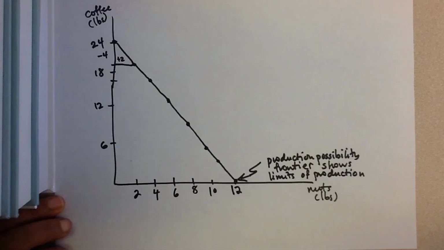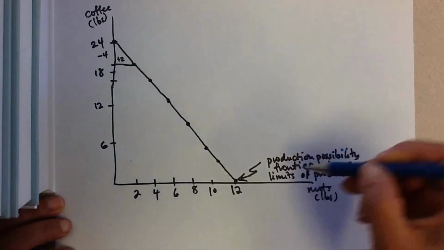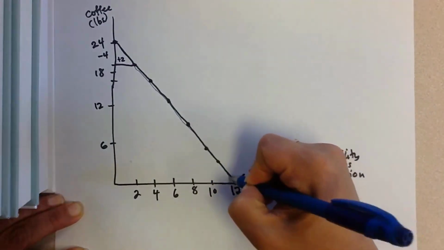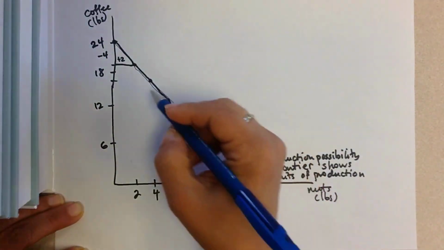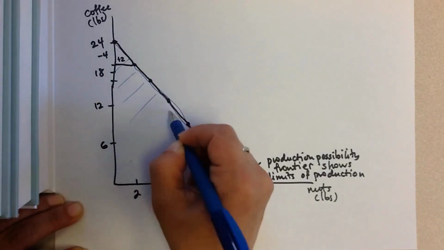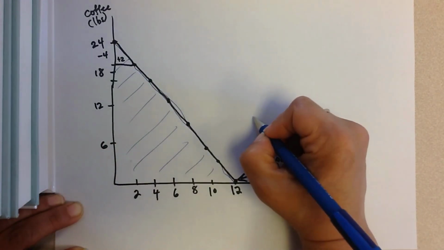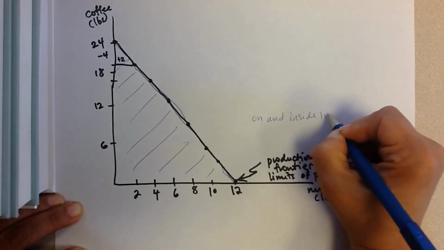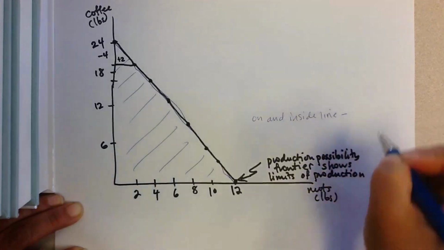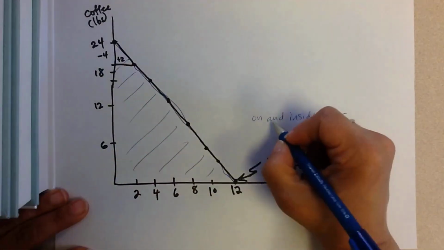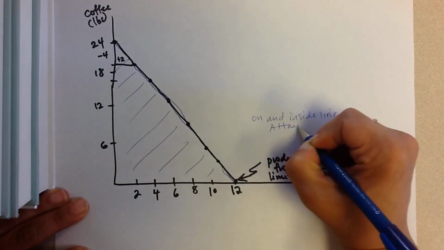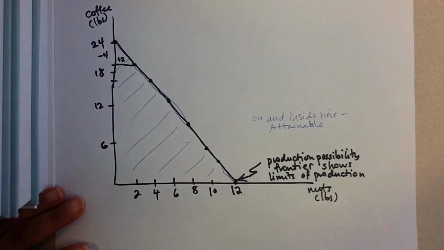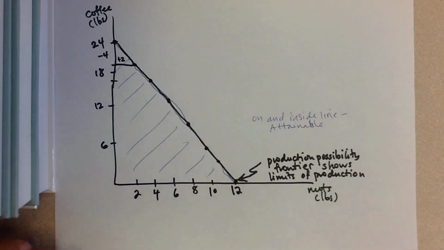So we can divide this graph into different ranges. Everything on the line, and inside the line, all of these combinations are attainable. These are all combinations of coffee and nuts that she could have.